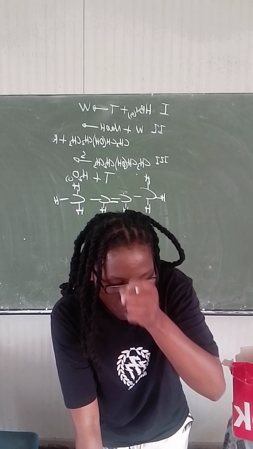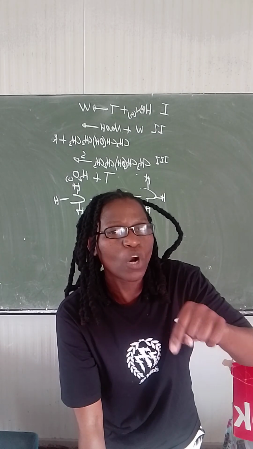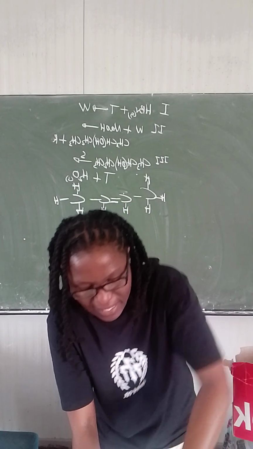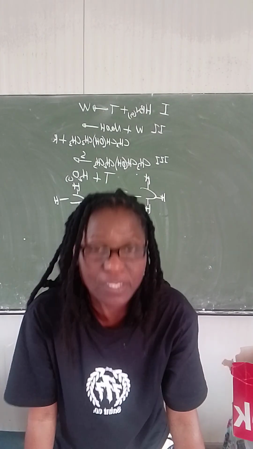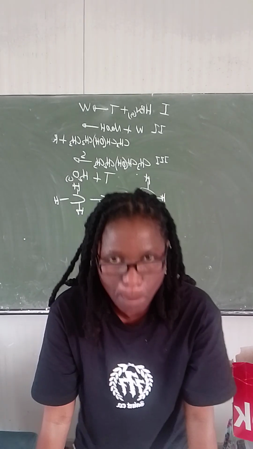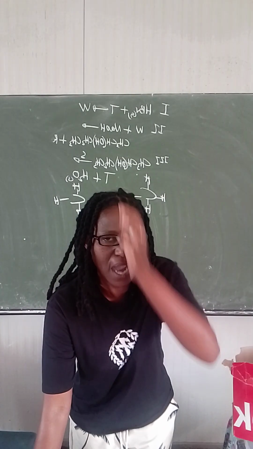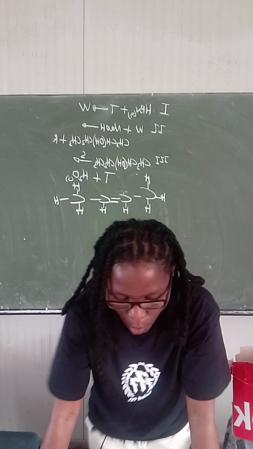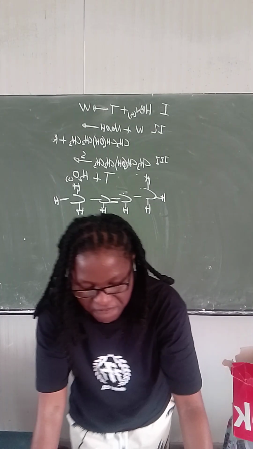So that one can only occur during an elimination reaction. So they said beside heat. So the answer that was expected from our candidate is a concentrated strong base such as sodium hydroxide or lithium hydroxide. That was 1 mark.